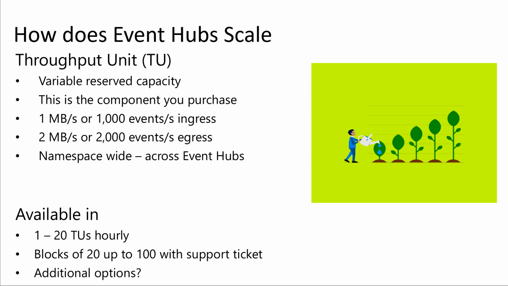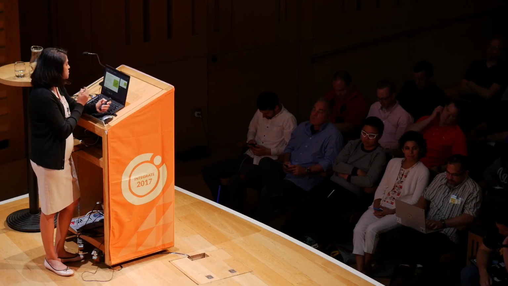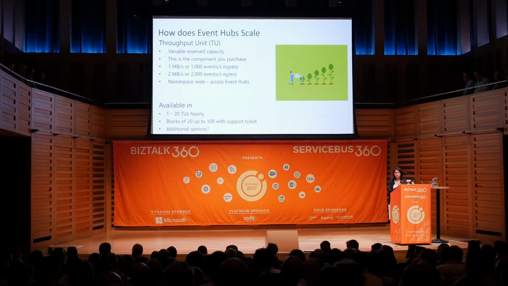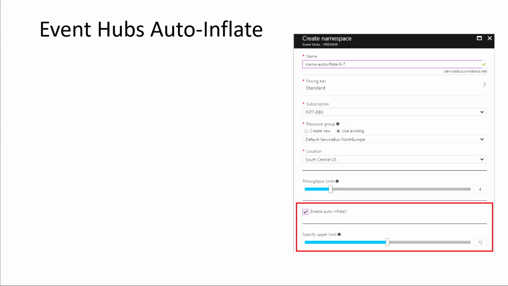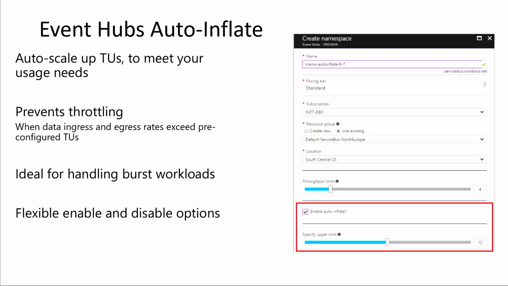When we ask you to reserve a capacity and your workload traffic goes beyond that reserved capacity, your overages are throttled. What this means is, if you have one throughput unit reserved and your traffic goes up greater than one throughput unit, you get server busy exceptions. So Event Hubs launched this month a feature called Auto Inflate, which is a scale-up feature. Note that this only lets you scale up, so inflate, and not scale down.